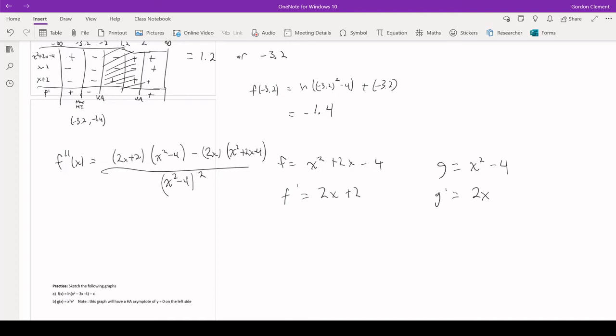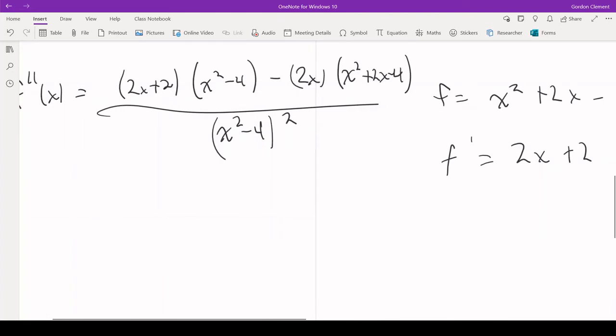Okay. And I look at the numerator. Unfortunately, we don't really have anything in common to factor out, so I'm just going to multiply that out. We're going to get a cubic, but just peeking at the cubes are going to cancel out, so that'll be nice. So 2x cubed minus 8x plus 2x squared minus 8 from that first part.